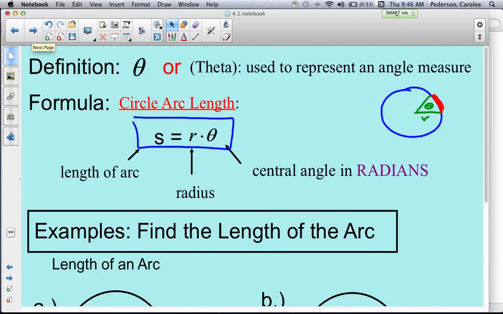Use this formula. And then we'll have some examples to follow using that formula.